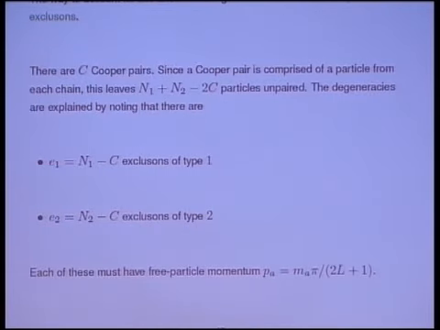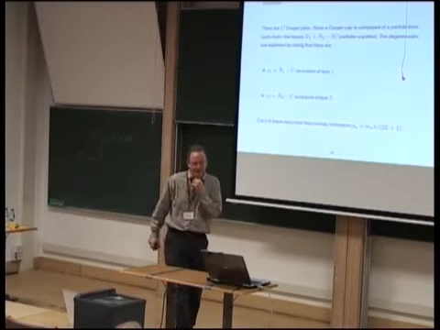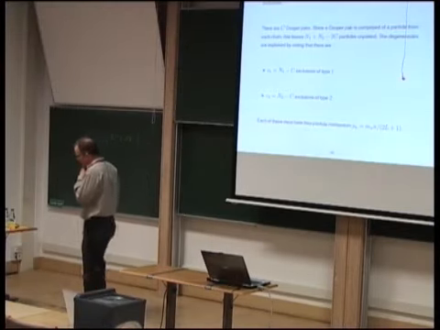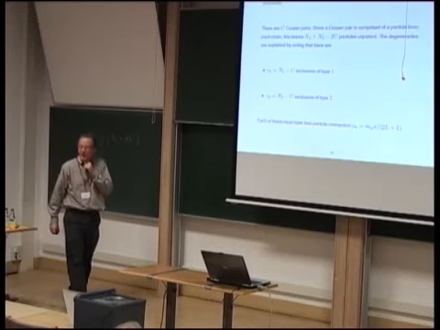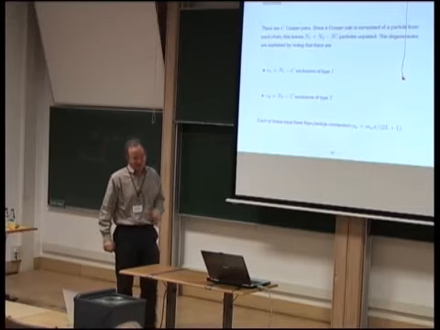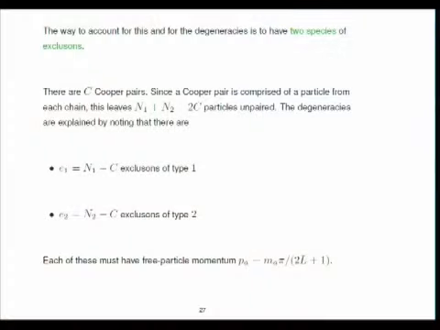So here's how you explain that awful degeneracy formula I wrote down before. You say the spectrum is comprised of Cooper pairs and 2 species of exclusons. I'll tell you what that means if you haven't heard of it. So there's C Cooper pairs. Those particles are now Cooper paired, so let's ignore them.